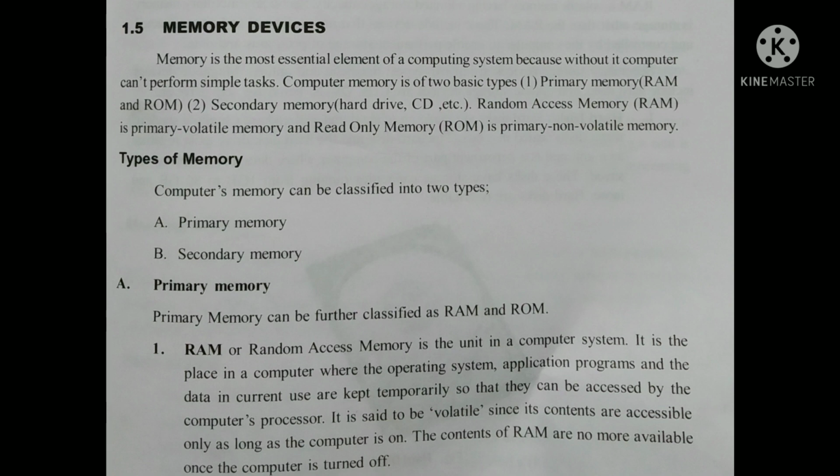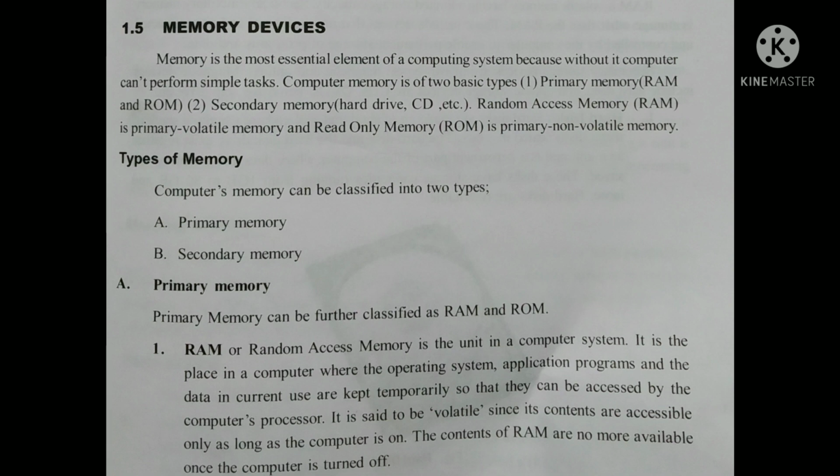First, we discuss RAM. Random access memory is a unit in the computer system. It is the place in a computer where the operating system, applications, programs, and the data in current use are kept temporarily so that they can be accessed by the computer's processor.